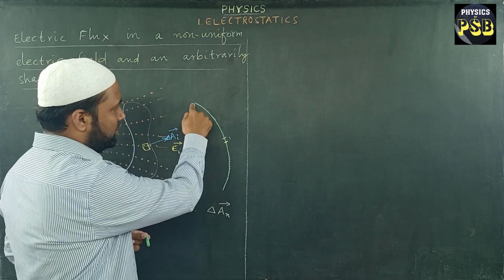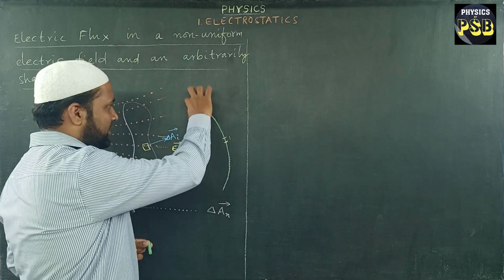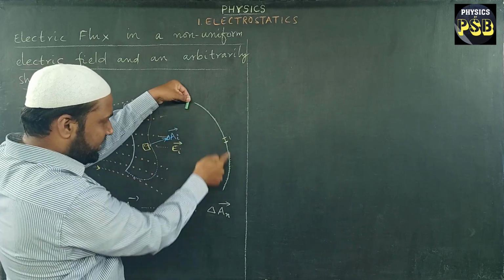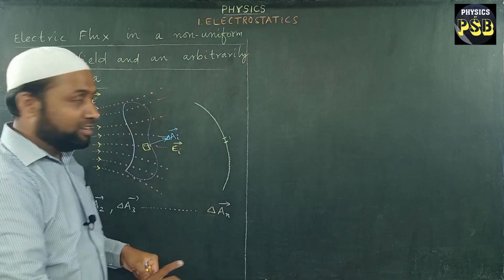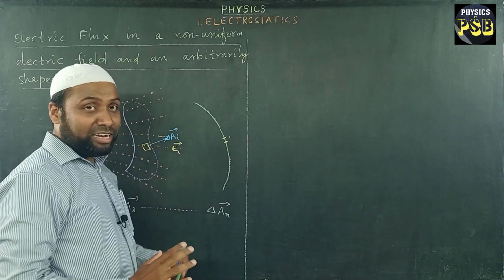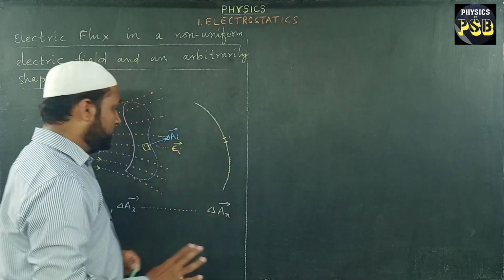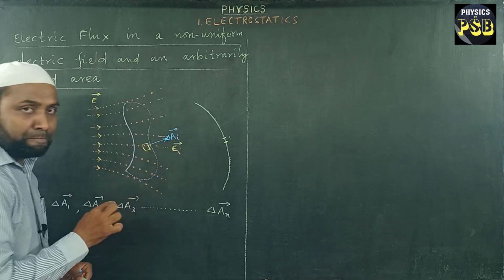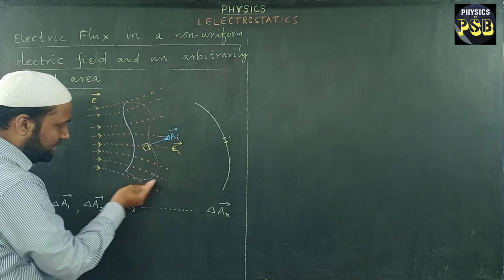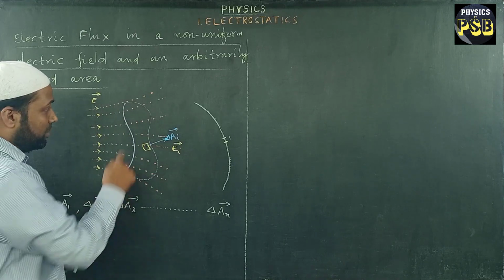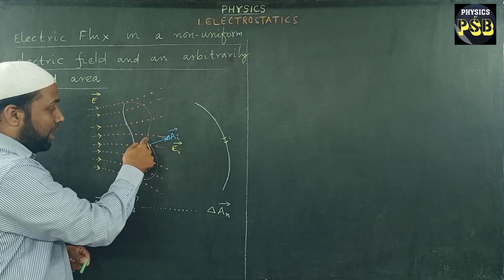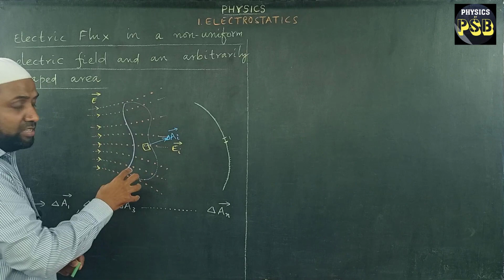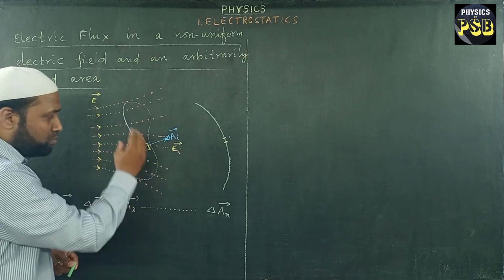Though the entire line, if you take it, is a curved line, the segment that I have taken appears to be flat. So the same concept is applied here. We have divided this entire arbitrarily shaped surface into small segments.